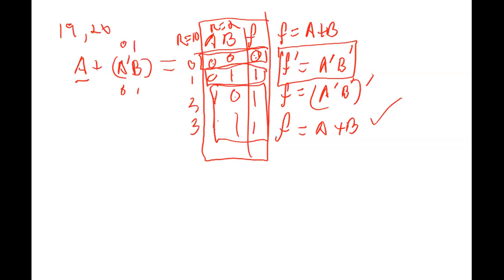And so then I say, well, if f equals 0, then f prime will be true if A is 0 and B is 0. So if that's true for f prime, I should be able to solve for f by inverting both sides, and then employing De Morgan's theorem. What do you think of that?